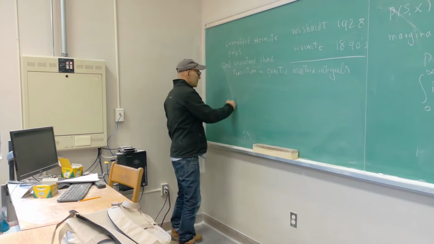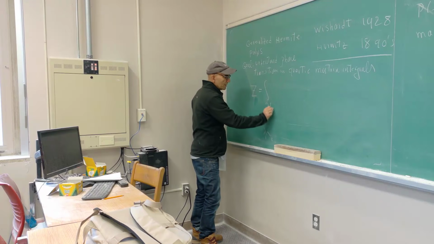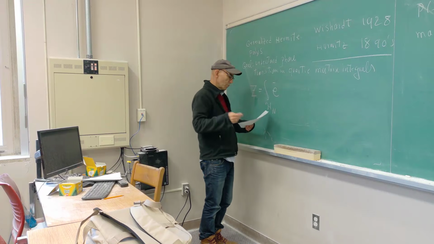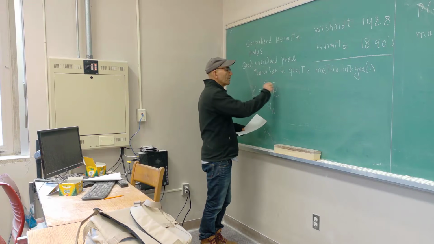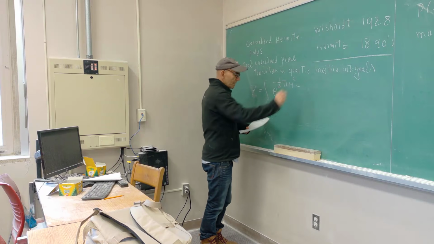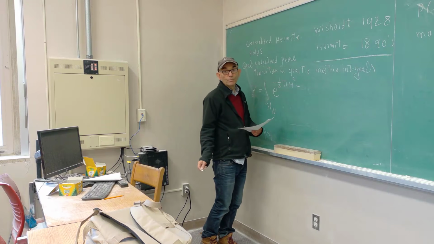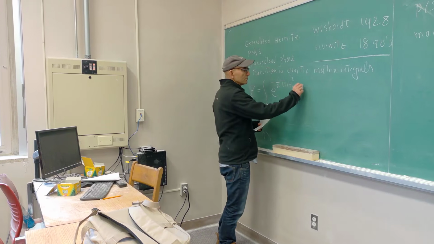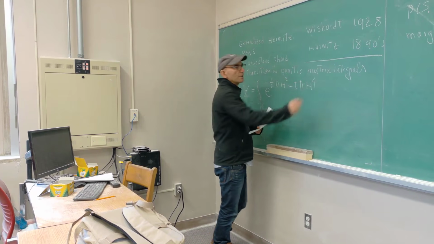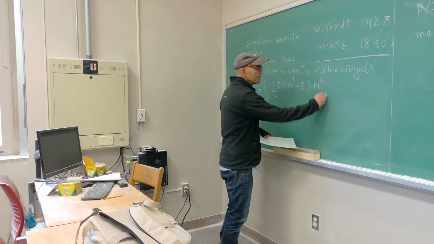So the partition function Z is essentially the integral of the exponential of minus 1/2 trace of H^2, then there is this quartic part, minus t trace of H^4, dH.